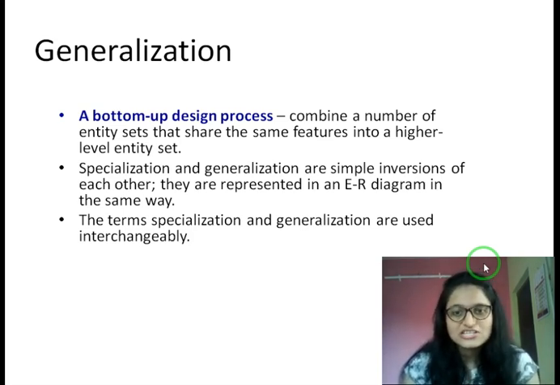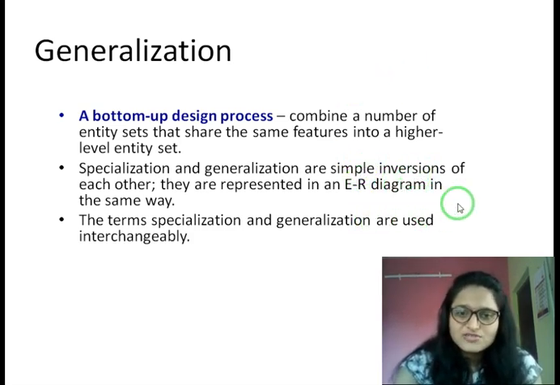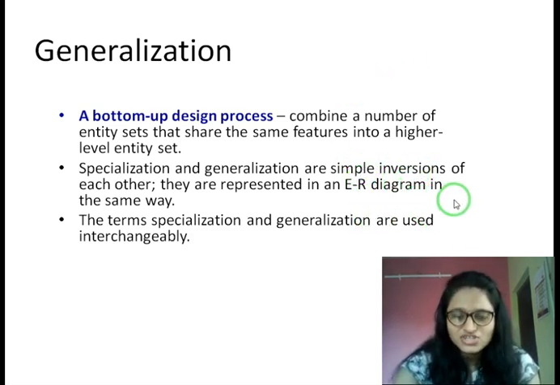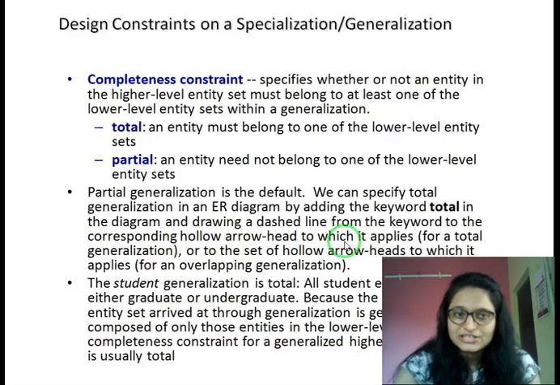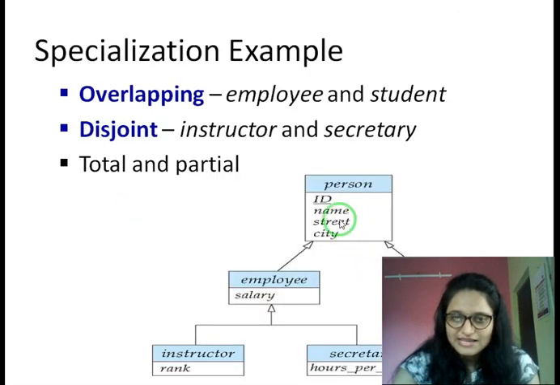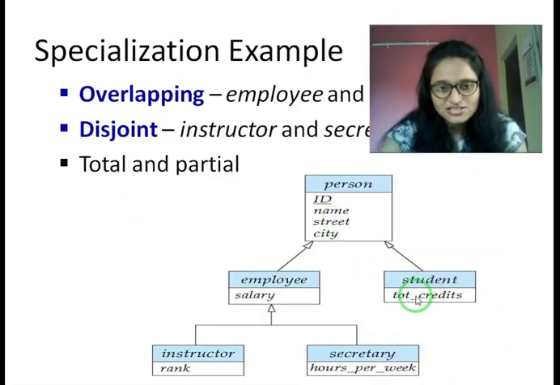Specialization and generalization are simple inversions of each other. They are represented in an ER diagram in the same way also, and the terms specialization and generalization are used interchangeably.